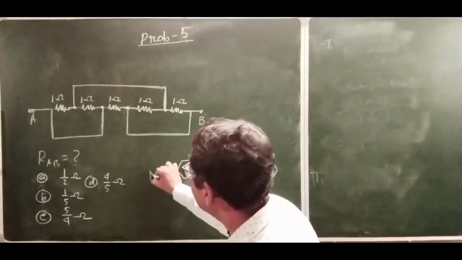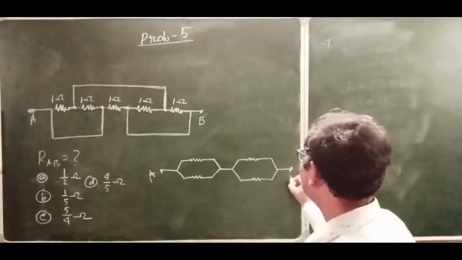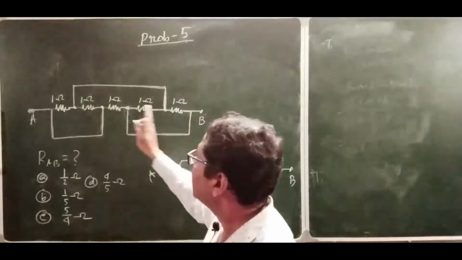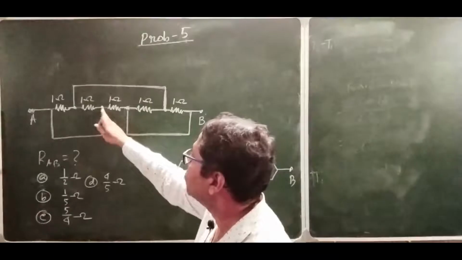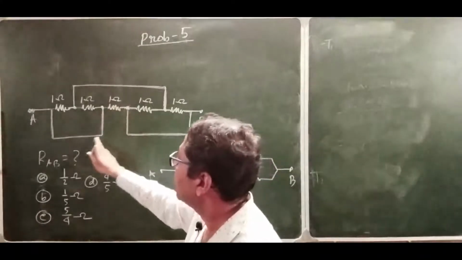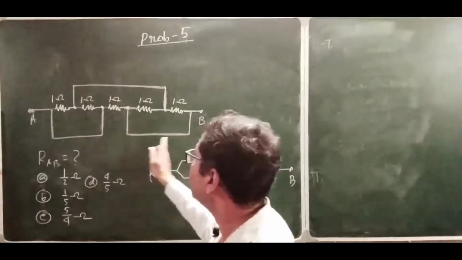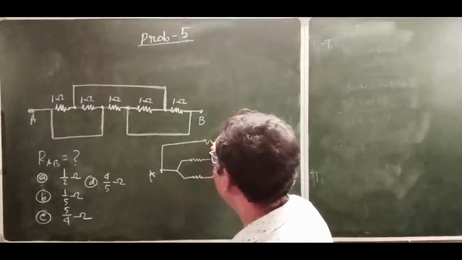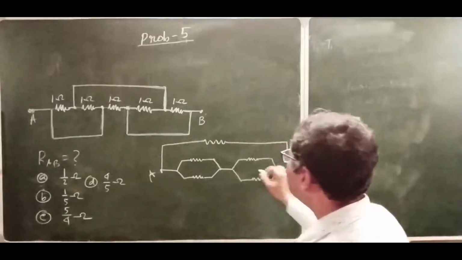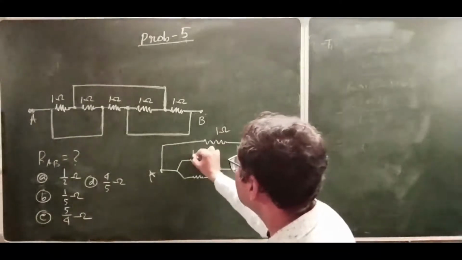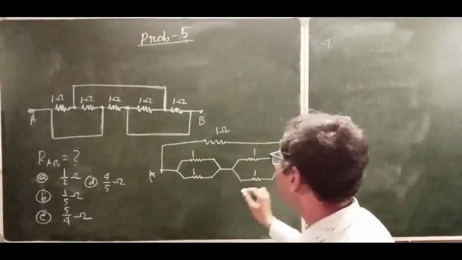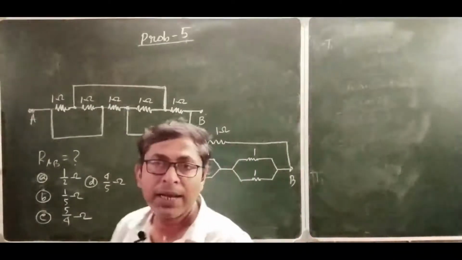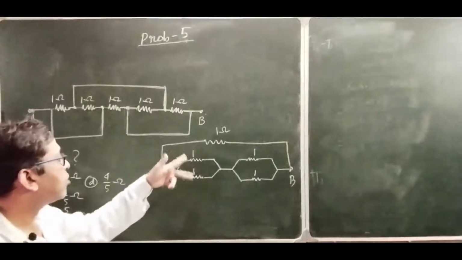Here it is terminal A, and here it is terminal B, and to terminals A and B this middle one is connected. One end of this middle one is connected to A, the other is connected to B. That means to A and B this middle one of 1 ohm is connected. So you can easily calculate the equivalent of these two.